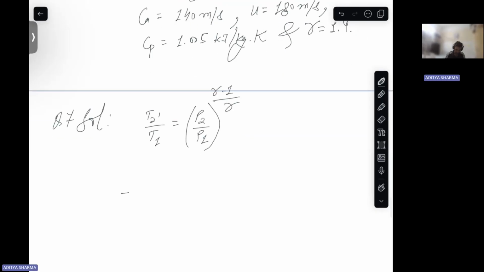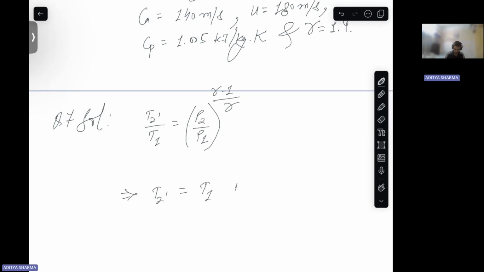From here, we'll find out T2 dash, because we will be using the formula for isentropic efficiency of the compressor.